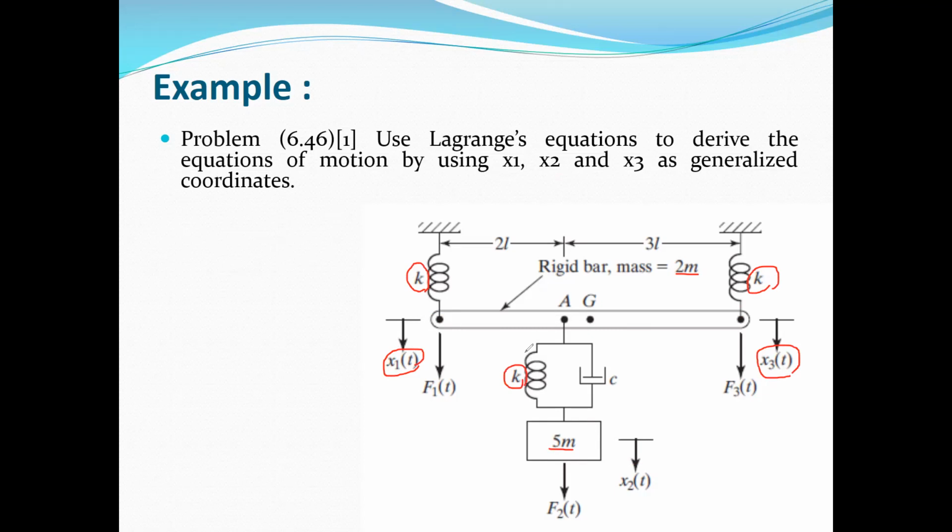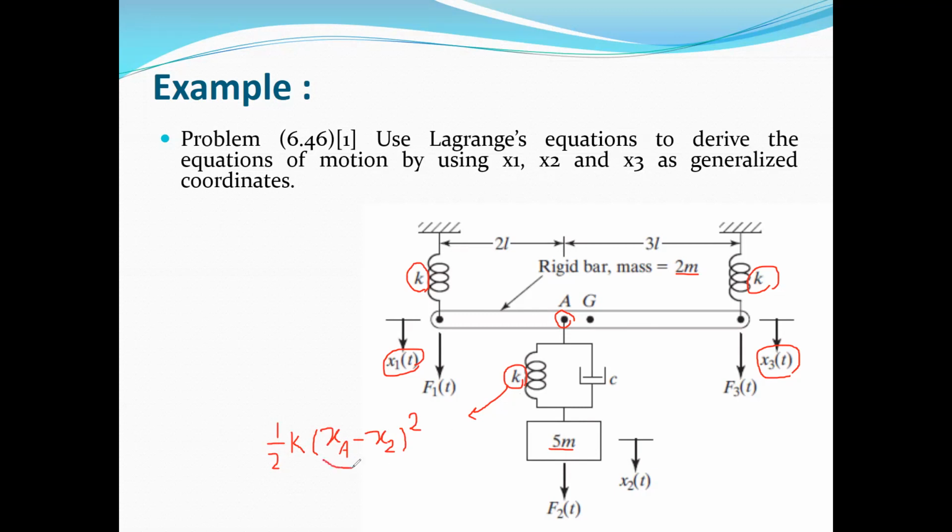So this spring will have a potential energy, and this potential energy is equal to half k times the displacement squared, where the displacement is the displacement of point A minus the displacement of mass 5m, which is x2, or x2 minus xa, no difference, squared. This is the potential energy in this spring.